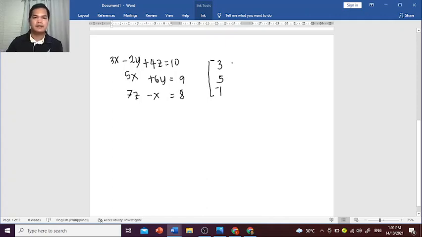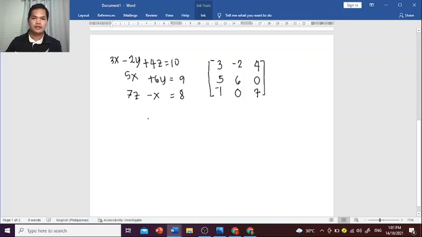So for y we have negative 2, 6, and for the third linear equation, we do not have a value of y, so it will be 0. And for z, we'll have 4. In the second equation, we do not have z, so we have 0 and then 7. And that is the coefficient matrix of our linear system.